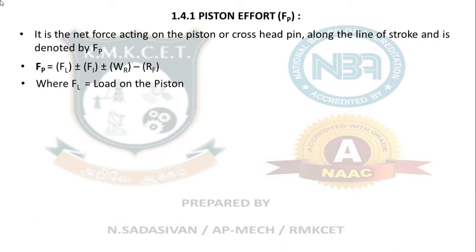Fl is the load on the piston. This first term of the formula, Fl, is nothing but the load on the piston. Fi is the inertia force due to the reciprocating parts of the engine.